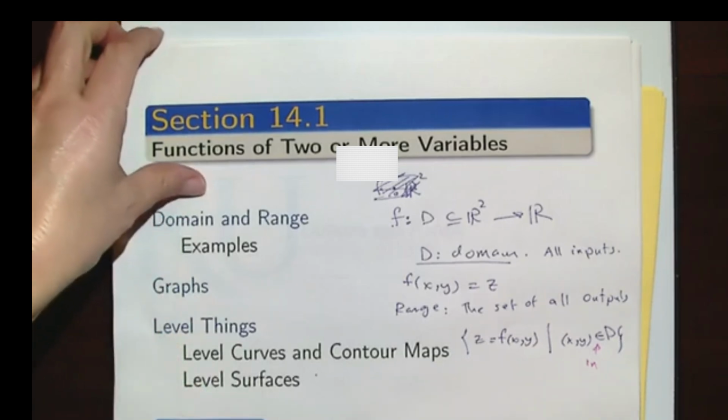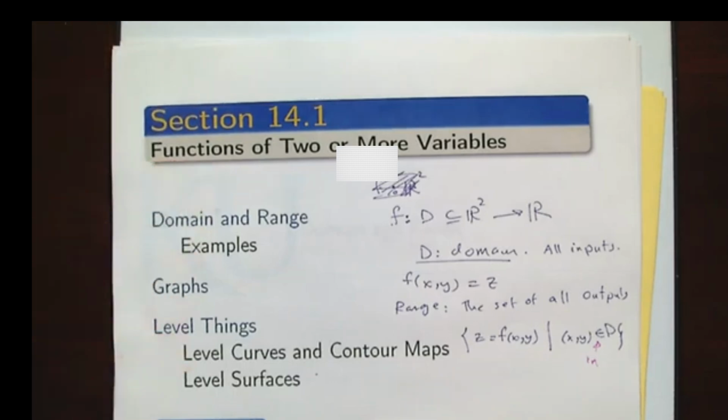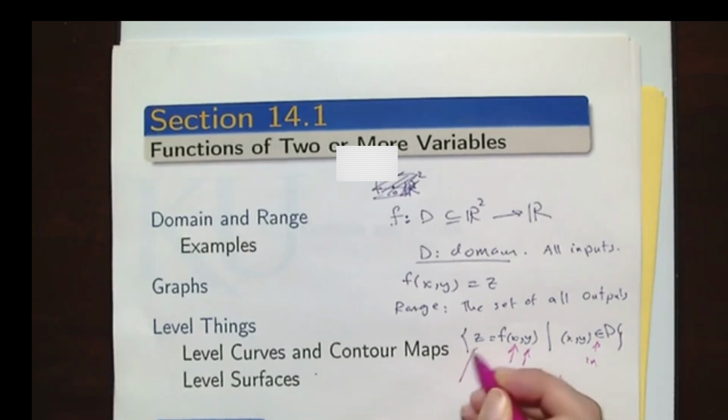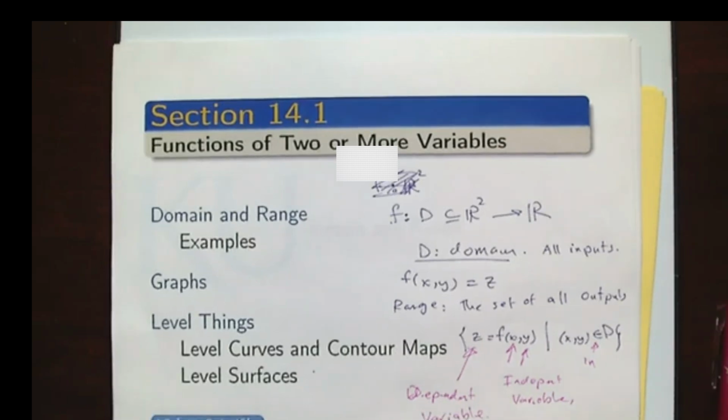Okay, let's do some examples. One thing I didn't say: these two are independent variables, and that one is the dependent variable. So, function of one variable, y equal to f of x.